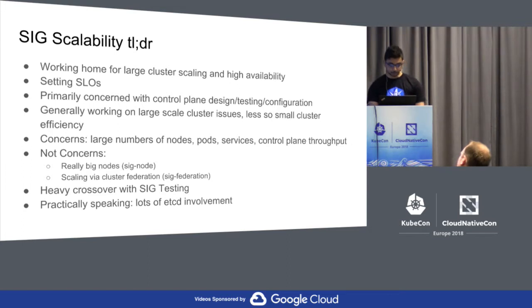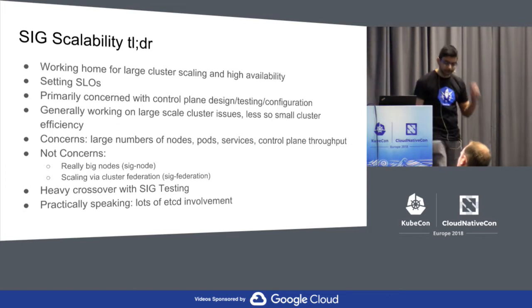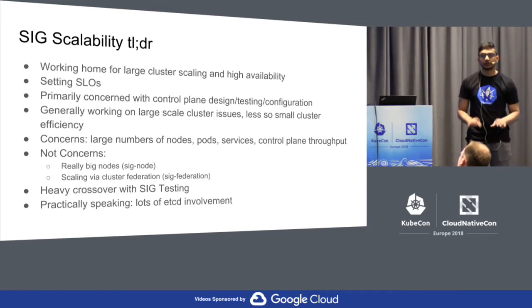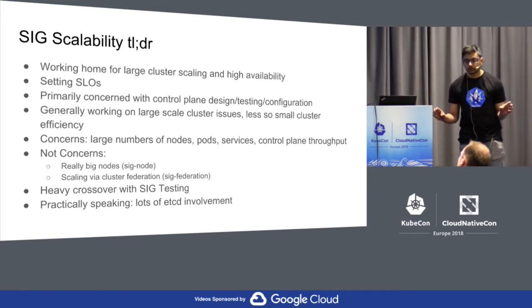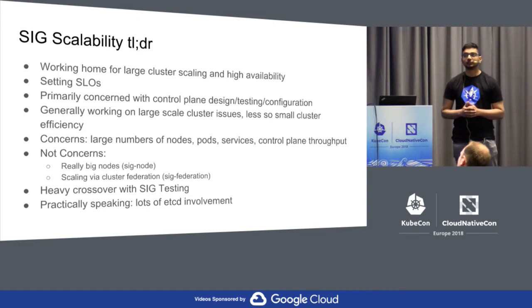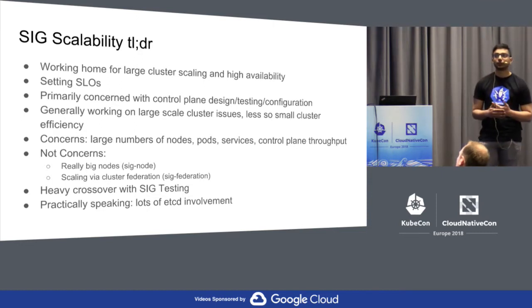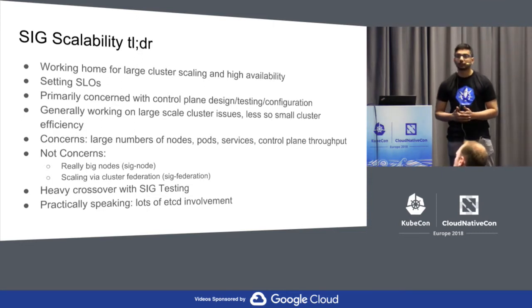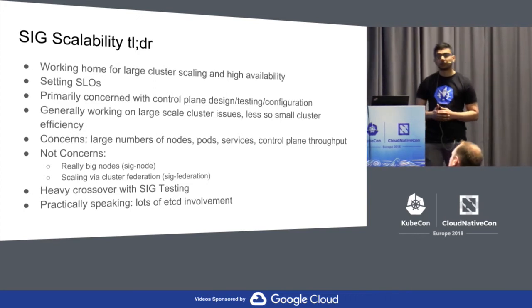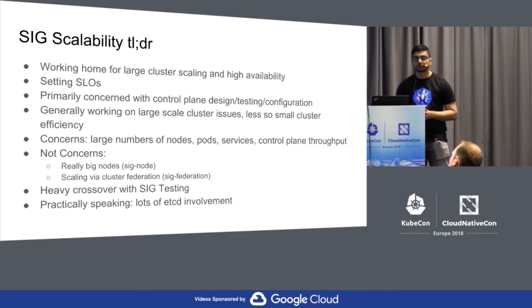I also want to highlight that scalability, as I see it, is more of a horizontal effort. We have a very big crossover with other SIGs because we are trying to monitor and improve performance of various components and test across different components in the cluster.